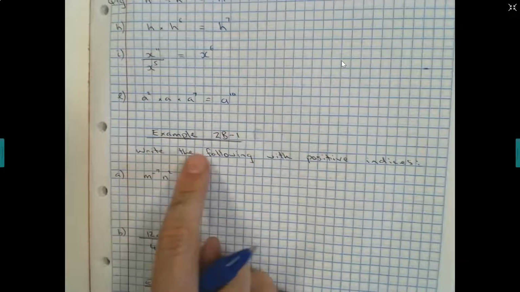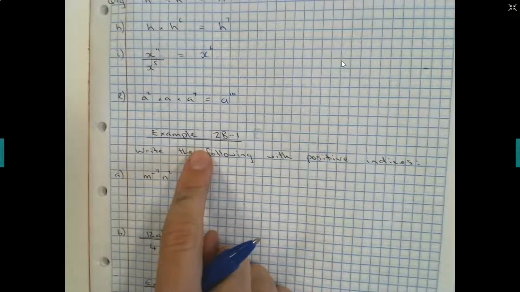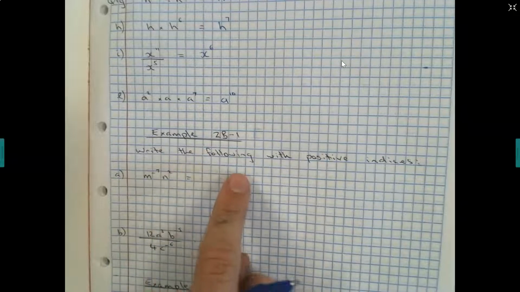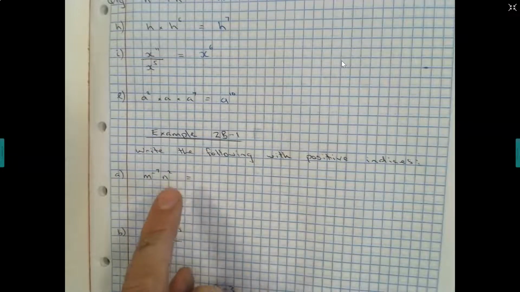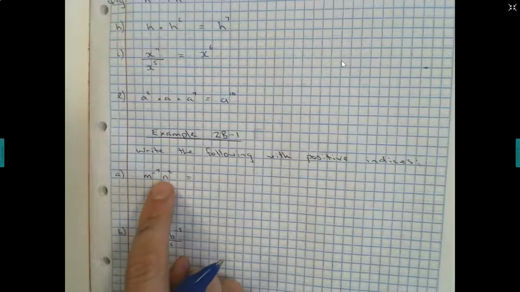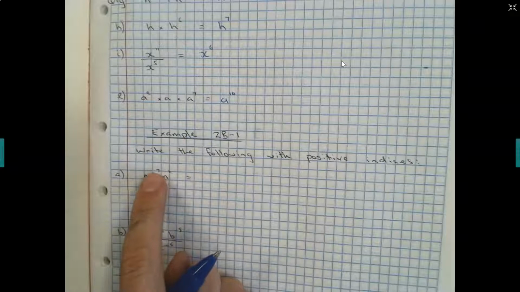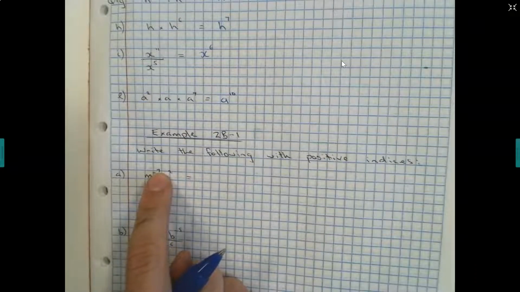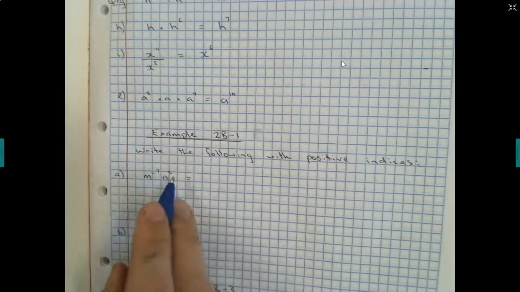Next up, in example 2b1, I have been asked to write the following with positive indices. So if I look at this, I have m to the power of negative 7 times n to the power of 2. Since this is a negative indice and I want to write it as a positive indice, there's a bit of a trick we can use.